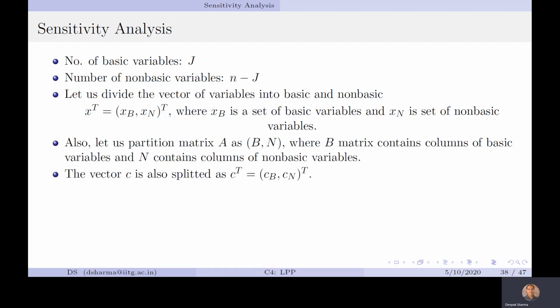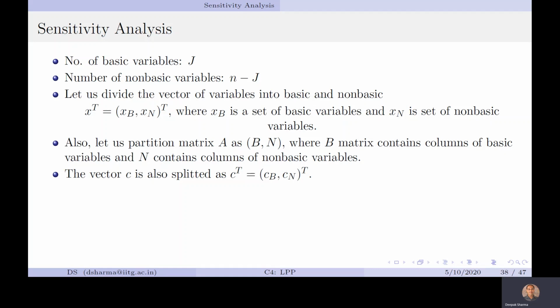Also, let us partition the matrix as well. In the simplex method, we have columns corresponding to each variable. If we divide those columns into two parts, we have B, which contains the columns of basic variables, and N, which contains the columns of non-basic variables.